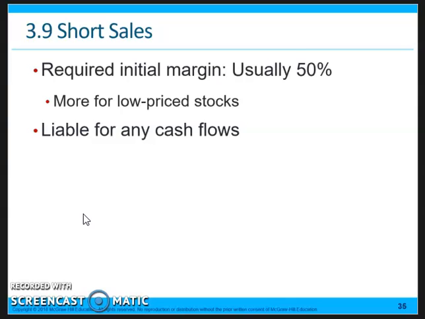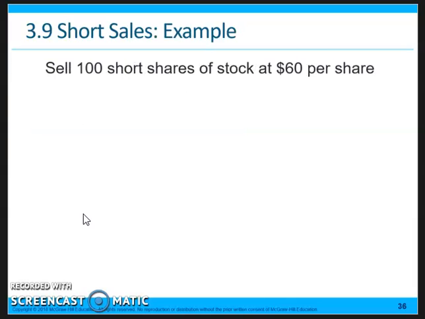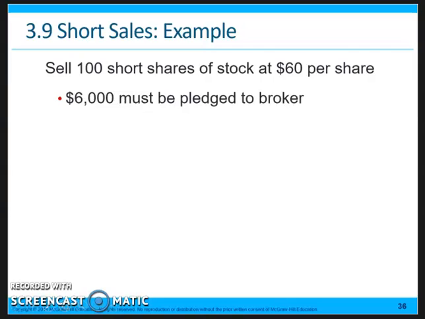You're liable for any cash flows. So if a stock pays a dividend, you owe the broker the value of that dividend. Example here: you sell short 100 shares of stock at $60 per share. So you're putting $6,000 into that account. The proceeds are just 60 times 100.